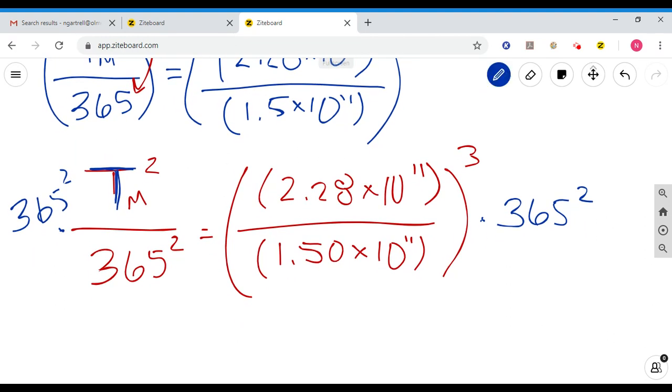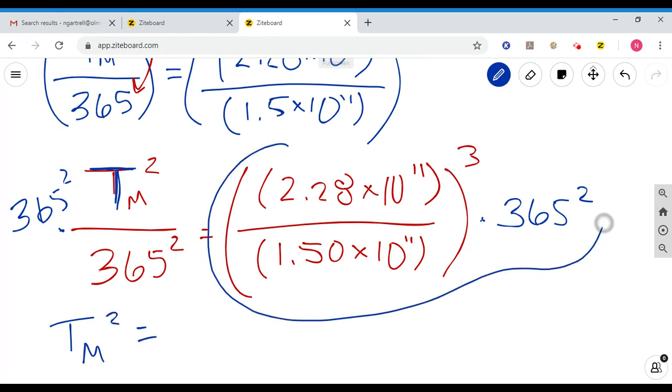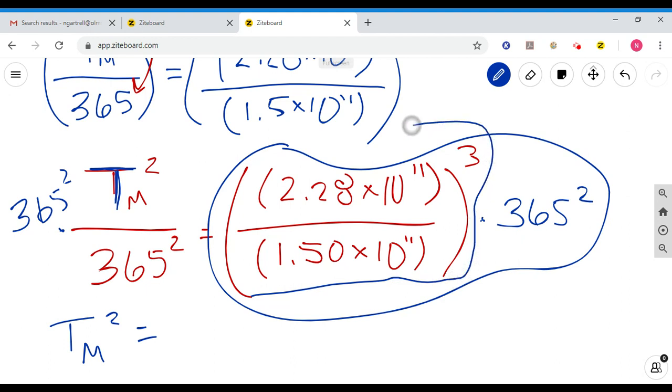So we have T sub m squared equals, I'm going to plug this whole thing in, exactly as it's written. Actually, I'm going to plug it in two parts. I'll plug in this whole thing.